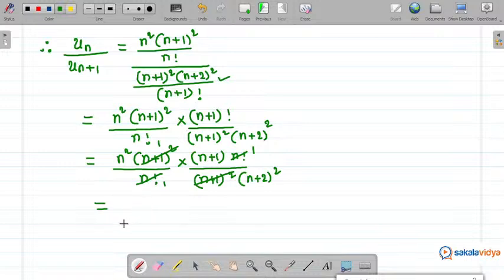What is the value we have now here? Simplification, right? n square n plus 1, n factorial gets cancelled, n plus 1, we have n square, right? What do you get now?